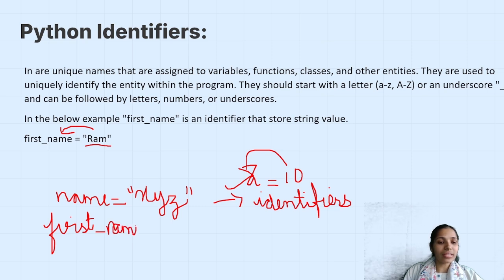Okay, this is the first name, and I just give X, Y and Z. So this indicates that giving a specific or prescribed name to variables, functions, classes and others, these are called Python identifiers, and these specific names can be given with an underscore symbol.